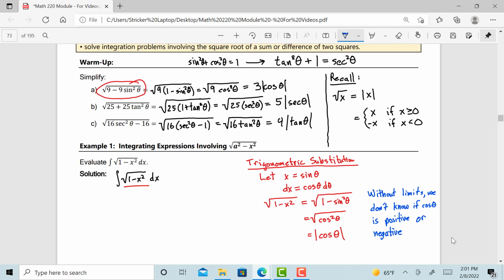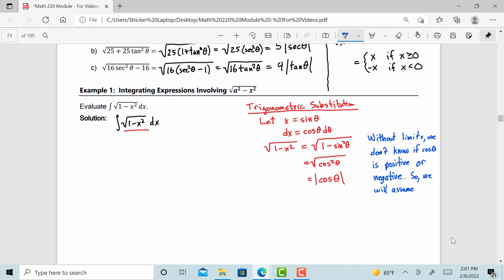We do know that cosine does oscillate back and forth between -1 and +1, but we don't know what range of values we're dealing with here. So in that case, if we have an indefinite integral, we're just going to assume that cosine theta is positive, and that of course means we can drop the absolute value bars.